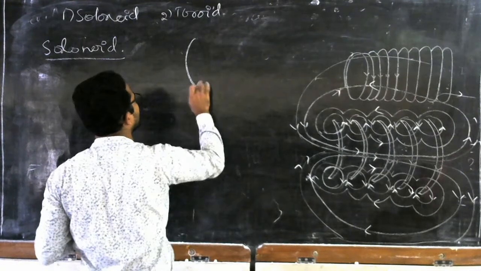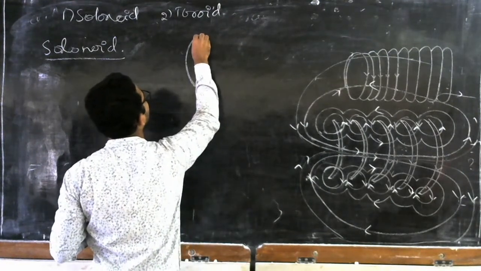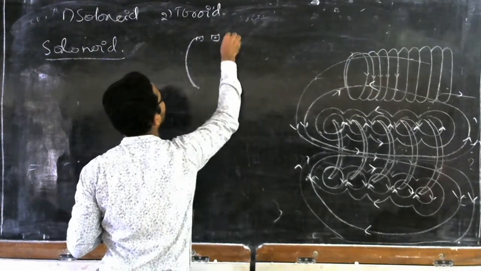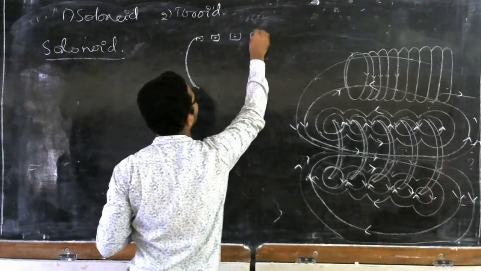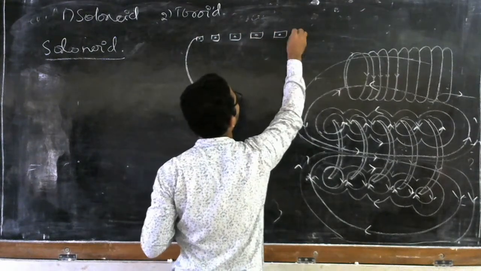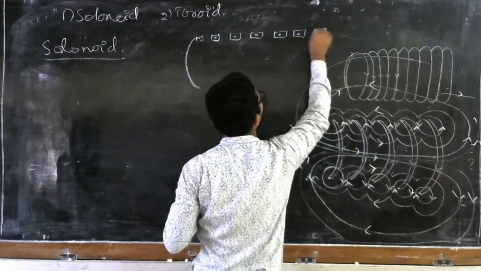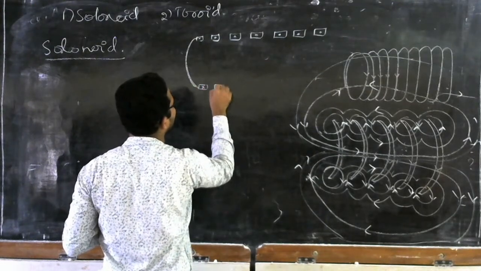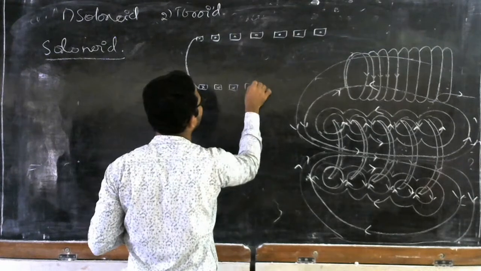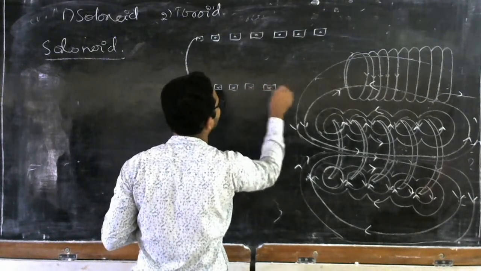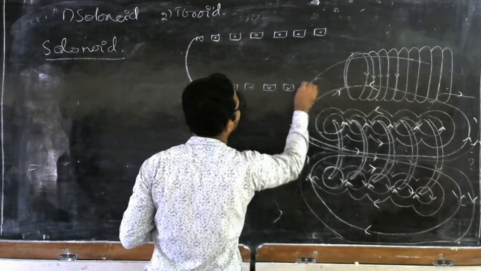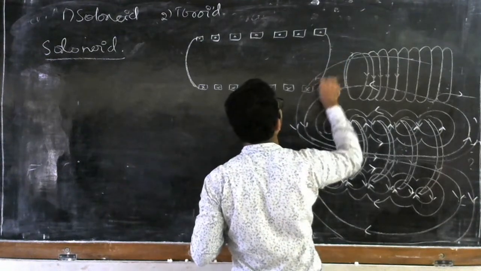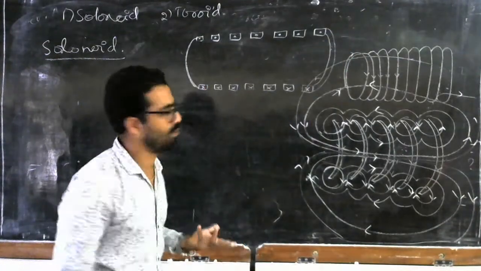I am cutting this position, dotted lines. I told you, this is the finite one. The length of this solenoid is finite, that's all.